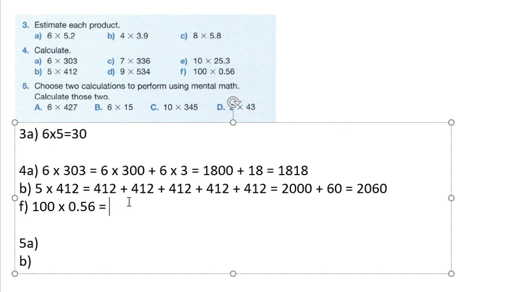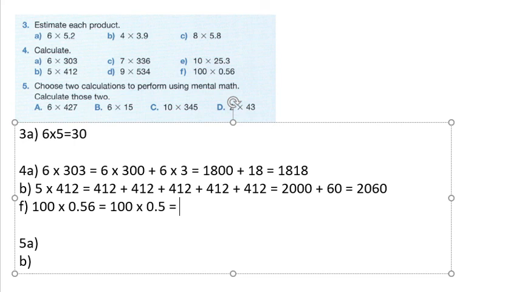So I could rewrite 0.56 plus 0.56 plus 0.56. I could do that, but we're not going to. I could add them all up, and I could say this is like saying 100 times 0.5, and 100 times 0.5 is like saying 100 groups of a half.